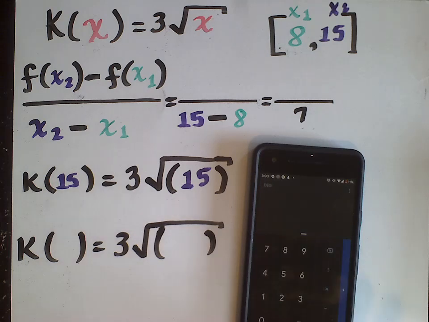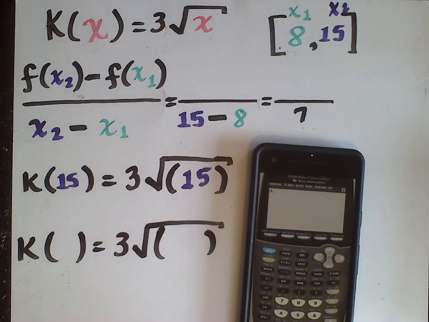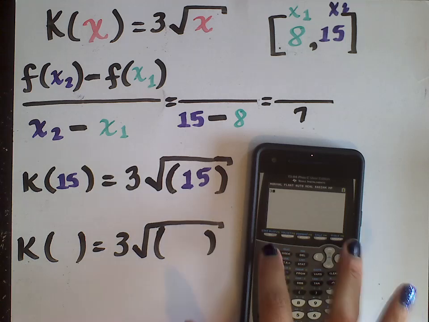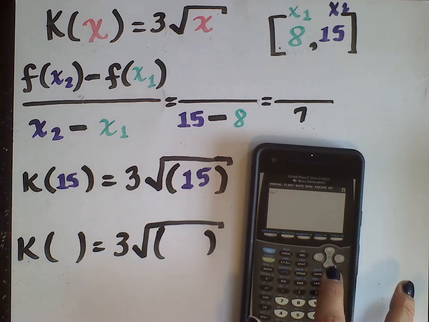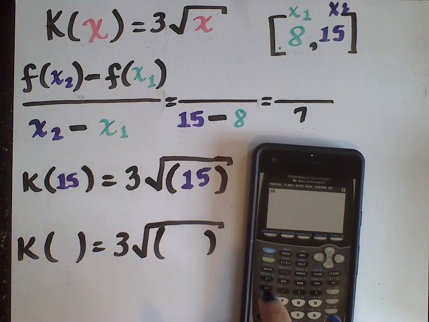What I'm going to do is show you first on the Wabbit Emu, and I'm going to just literally type it in here. So 3 and then second squared, and it gives me a little radical. And I can put in my parentheses 15. Now, technically, I don't even need to use those parentheses. That's why I like using Wabbit Emu, because it understands exactly what I want it to do.